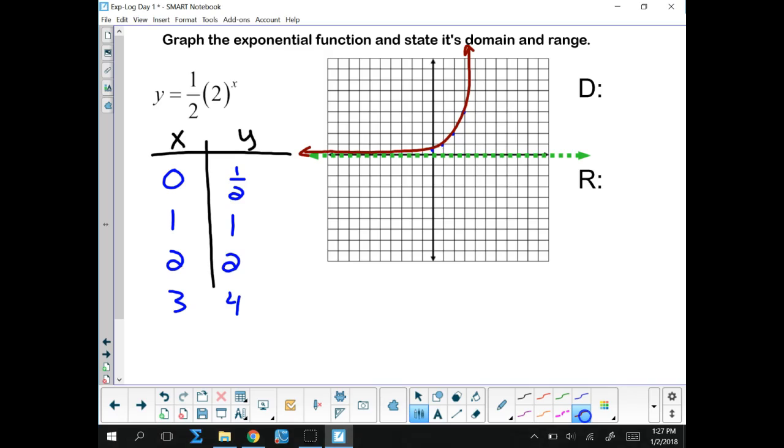So the domain of this function is all real numbers, and the range is y is greater than 0. It's always going to be y equals 0 until I change it. Okay? And I'll show you in a couple of slides how we change it.